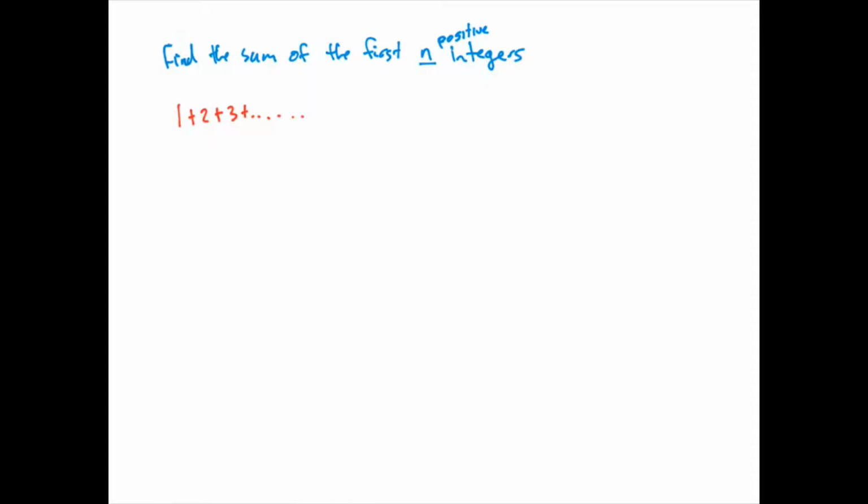So if n is 20, we're going to go up to 20. If n is 100, we're going to go up to 100. But we don't know what n is, so we're going to end at n, and then the number right before n is n minus 1, and then the number right before that is n minus 2, and so on.